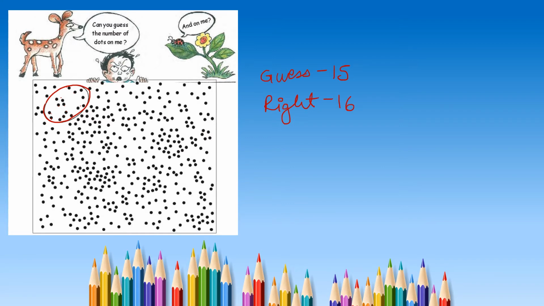So here we can see that it is not necessary that our estimation meets the actual number of objects or dots, whatever we are counting. But the important thing is that our estimation is as close as possible. So we see these dots, and if we say there are two dots, it is not realistic, right?